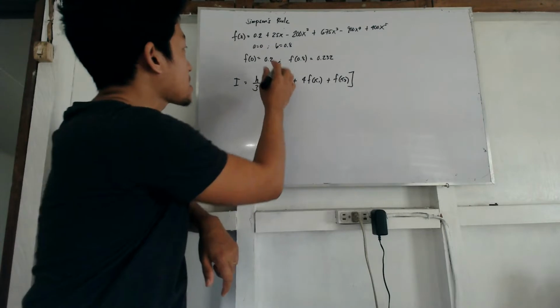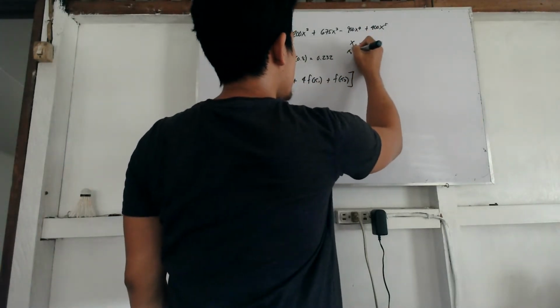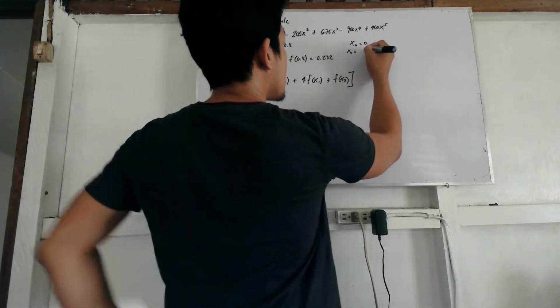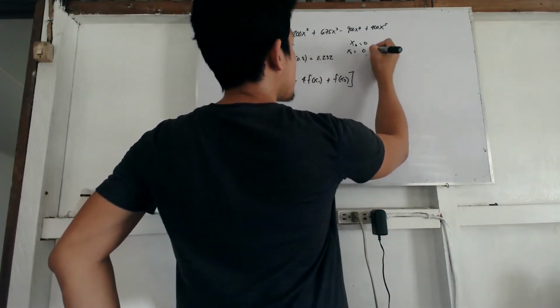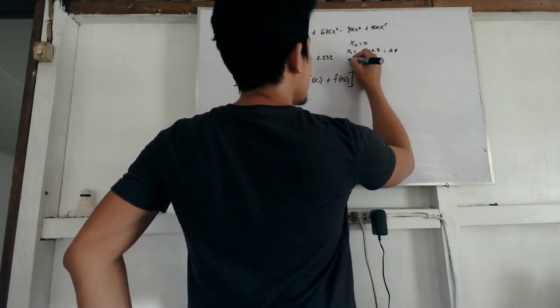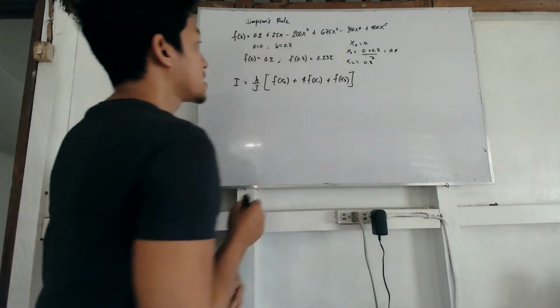Our x sub 0 is 0, x sub 1 is the point between 0 and 0.8, so this is 0.4, and x sub 2 is 0.8.